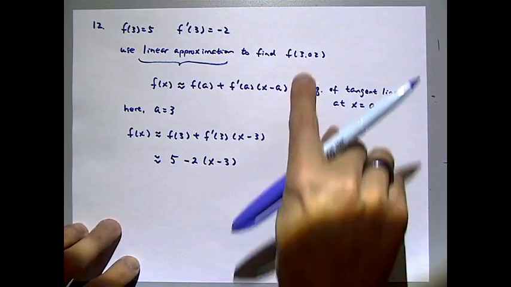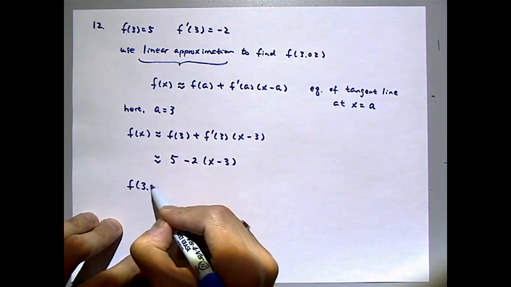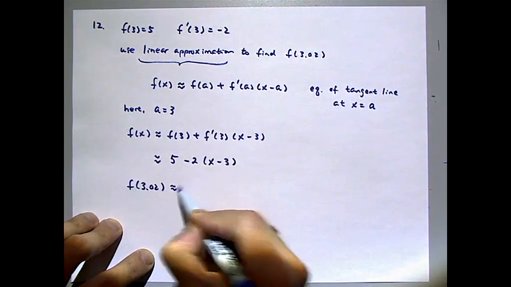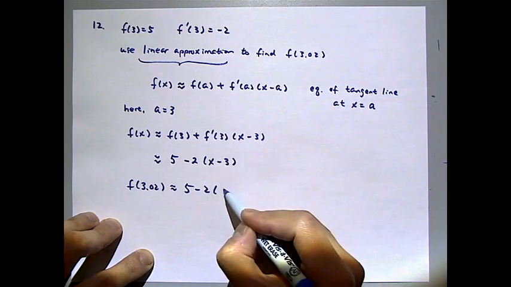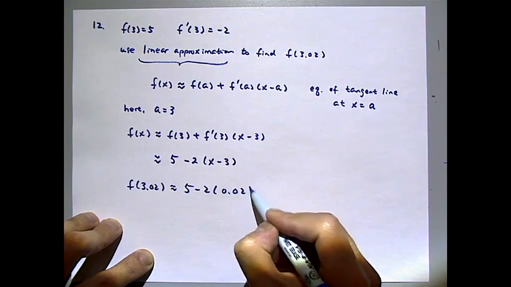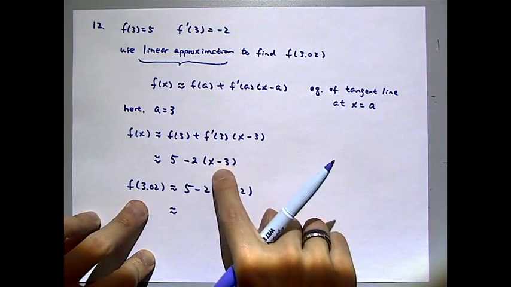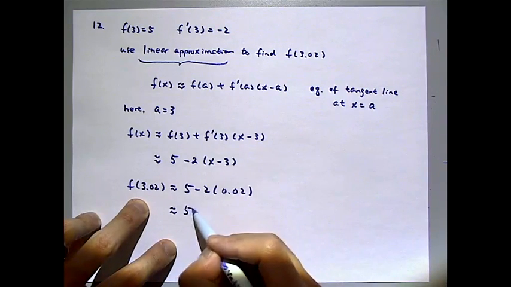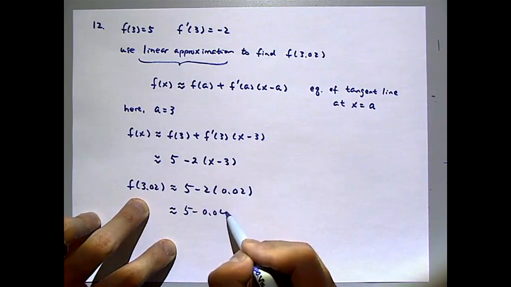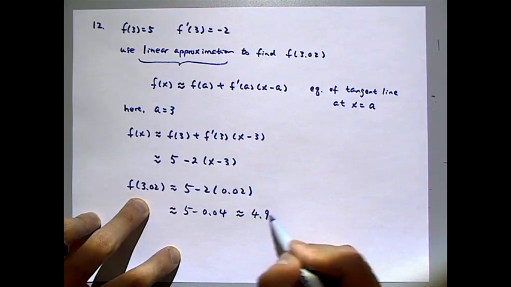And therefore, to find f of 3.02, plugging into that formula right above, 3.02 minus 3 is 0.02, so this is 5 minus 0.04, which is therefore around 4.96.